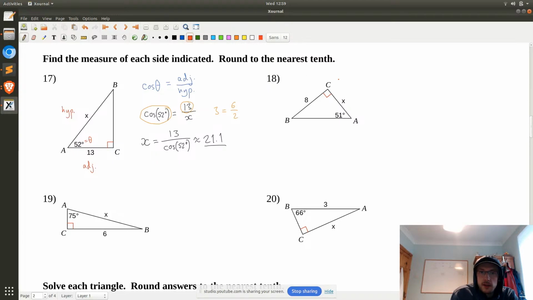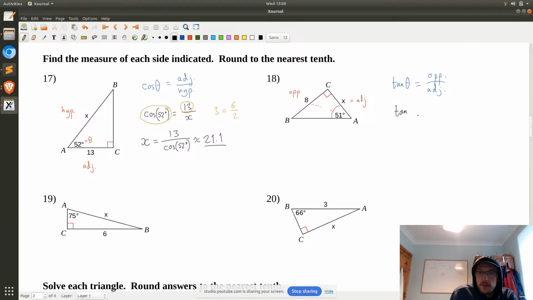Okay, same story here. Who's involved? X, which must be adjacent, because it's adjacent to that 51 degrees. What about the 8 over here? Well, he's opposite. He's not the longest side, so he's not the hypotenuse. Opposite and adjacent, that would be tan of theta. Tan of theta equals opposite divided by adjacent. So put everything in its position.